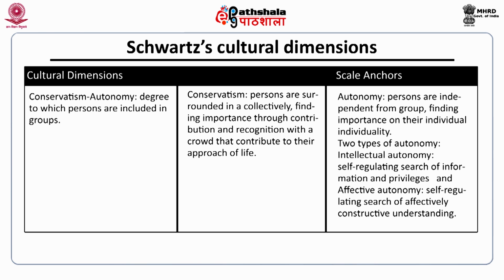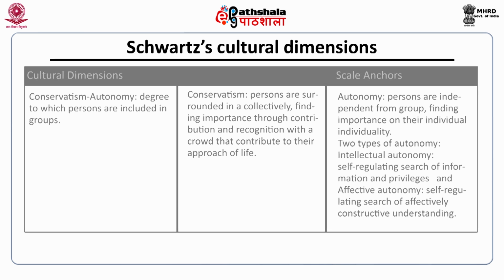The persons are independent from the group, finding importance in their individuality. There are two types of autonomy, intellectual autonomy and affective autonomy. Intellectual autonomy is self-regulating search of information and privileges, and affective autonomy is self-regulating search of affectively constructive understanding.